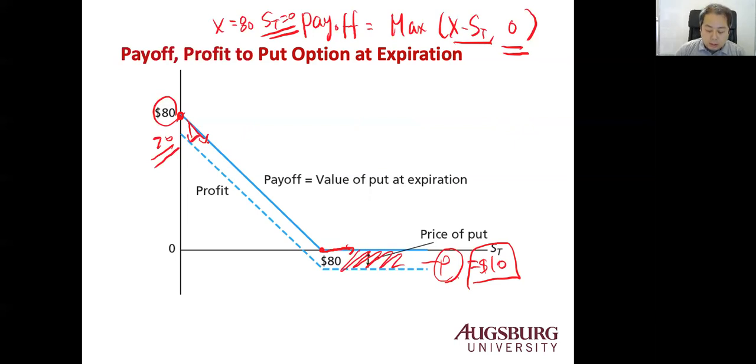And you break even when the price is the exercise price minus the put premium. Then above the exercise price, they start to lose money, and the maximum loss is the put premium, because they don't exercise this option.